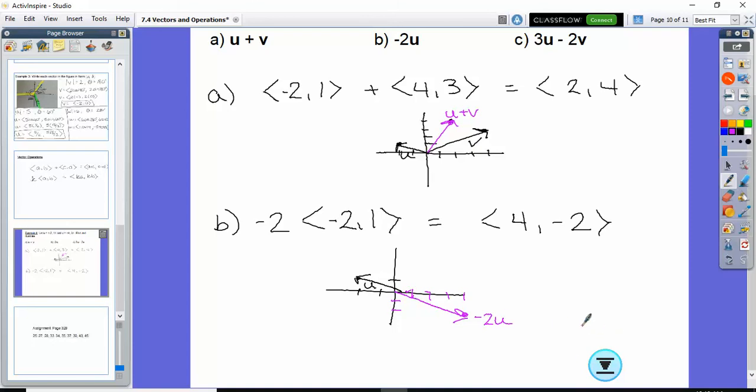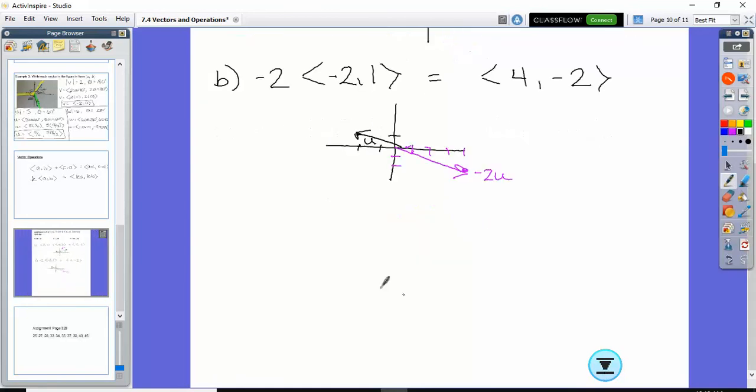Last one, 3U minus 2V. So 3 times U minus 2 times the V. So this 3U would give me a negative 6, 3.